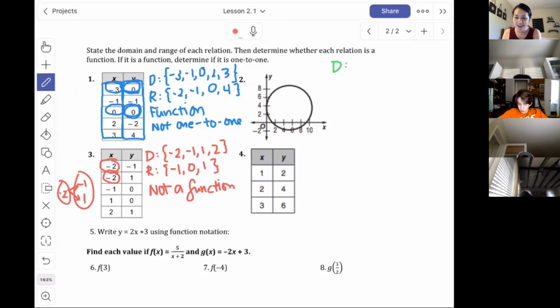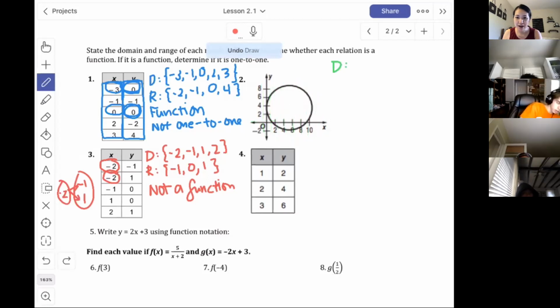So it's like I'm scanning this circle, and for the domain, I'm scanning it horizontally, right? So I'm scanning, scanning, scanning. And I'm basically asking, where do I hit graph as I scan along the x-axis?